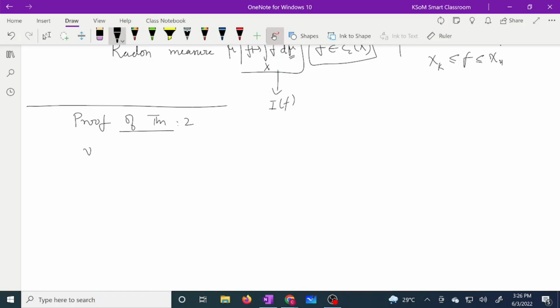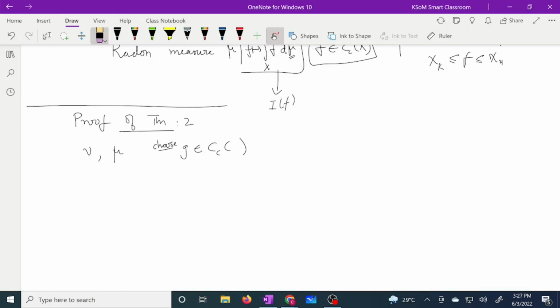So let nu and mu be two left invariant Haar measures on G. Okay, you take g in Cc of G.